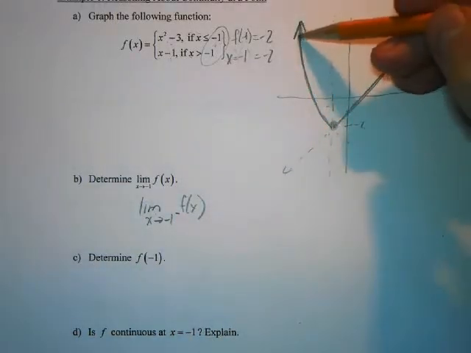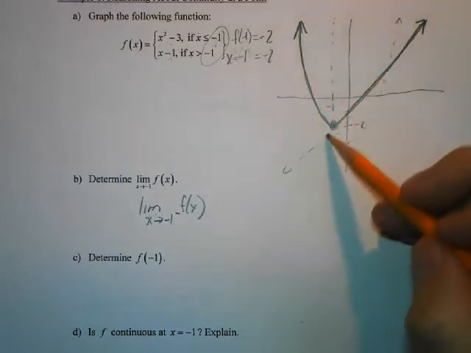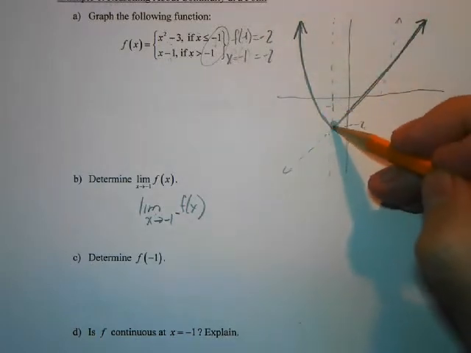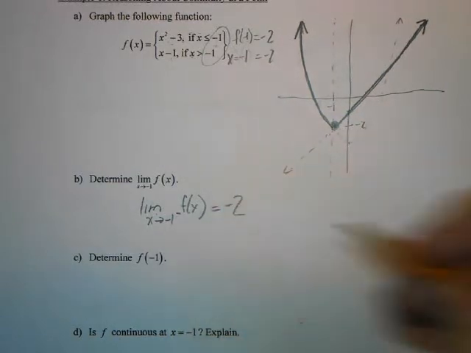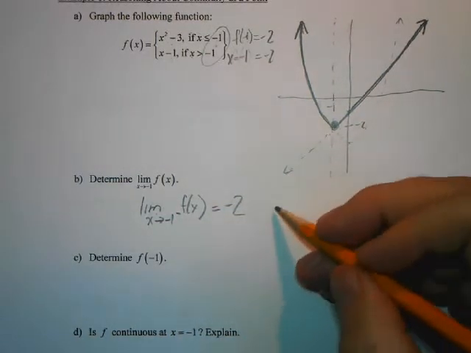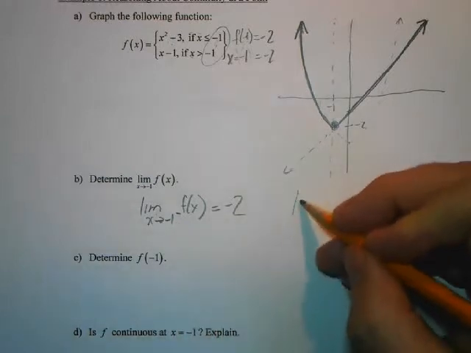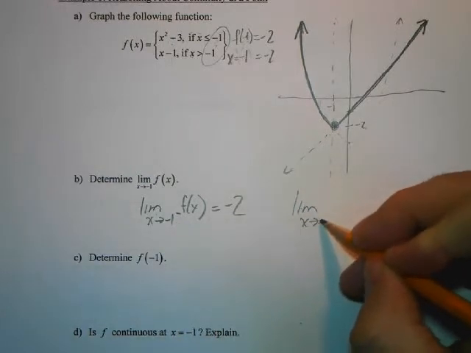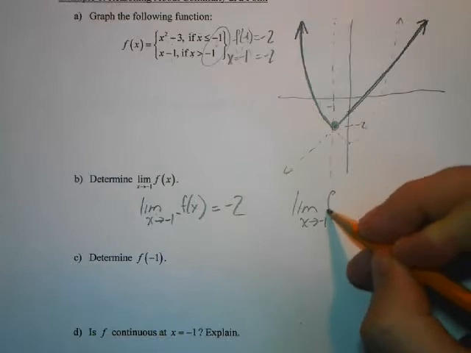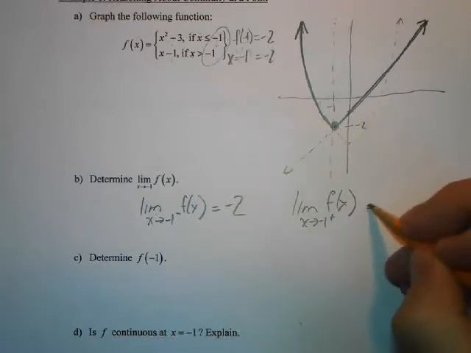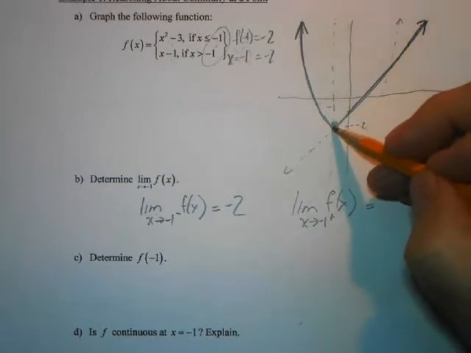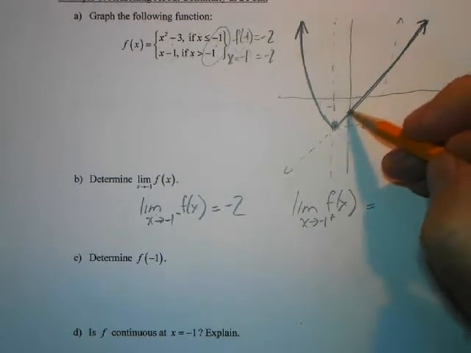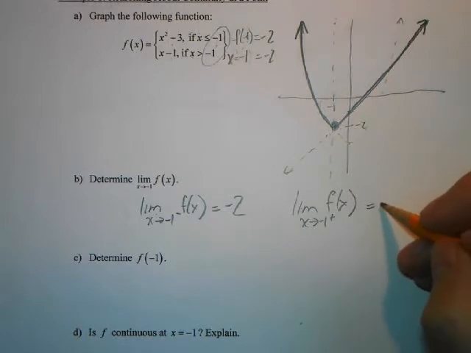So that's basically as we're coming down here from the negative side, as we're approaching x equals -1, the limit is -2. Okay, and then if we do the same thing from the right side, so the limit as x approaches -1 from the positive side of f of x, you can see it's going to be the same thing. As we approach from the right side and get to x equals -1, the function is approaching -2 also.